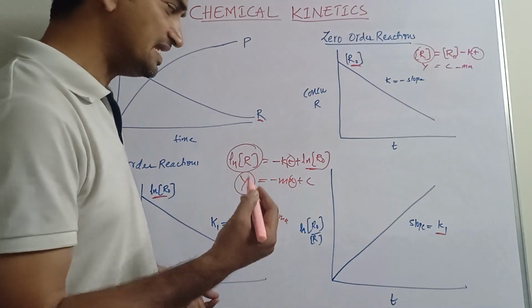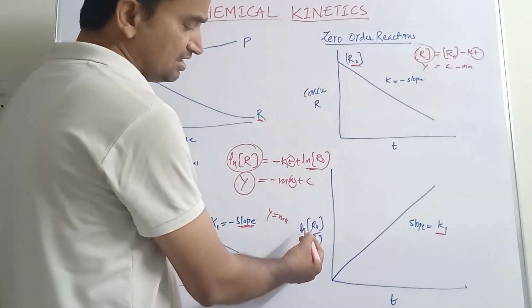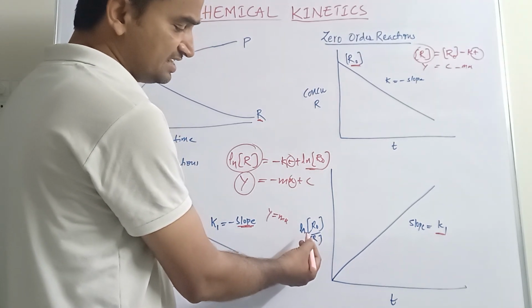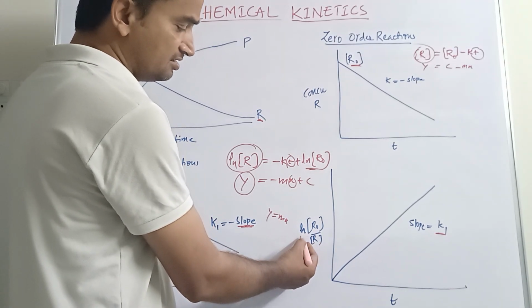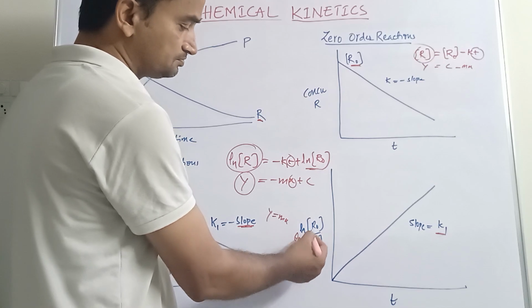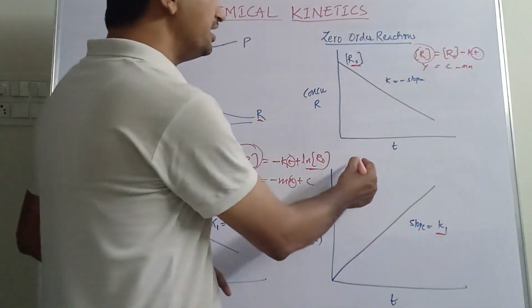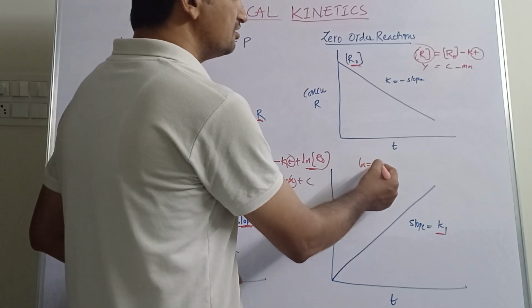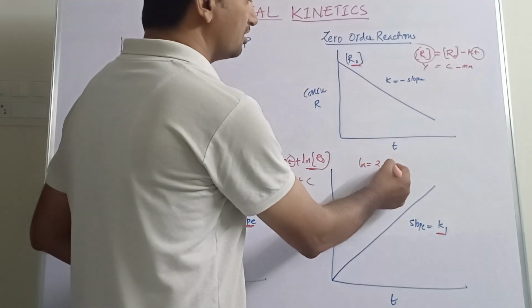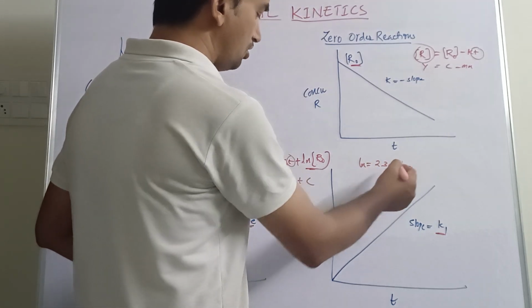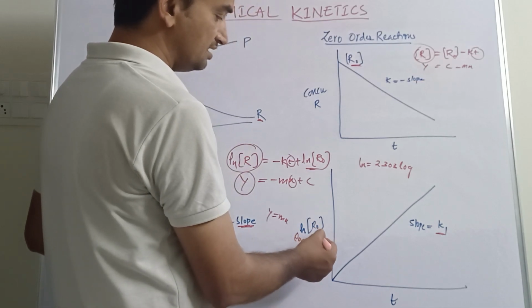Now if slightly the examiner changes it, instead of natural log ln, if he gives log, what happens is, as you know, ln equals 2.303 log. Now here we have to write 2.303 log.